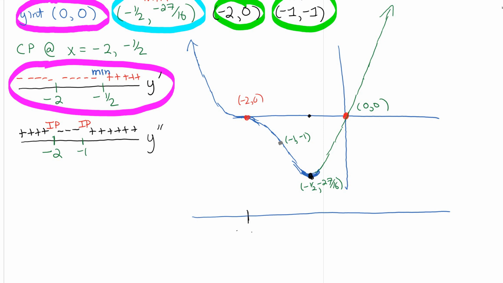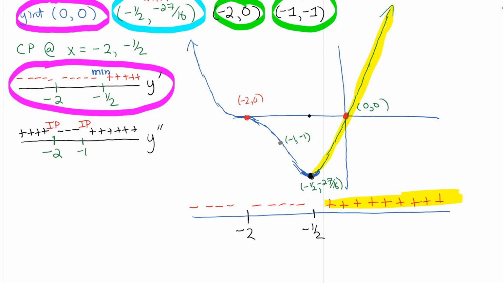So this is going to be -2, this is going to be -1/2, and it looks like this region here is going to be negative, and that region will be negative, and this region will be strictly positive. Okay, so if this part right here is positive, that means I need to have a positive slope, and as you can see, this part of the graph, I do have a positive slope in that region.